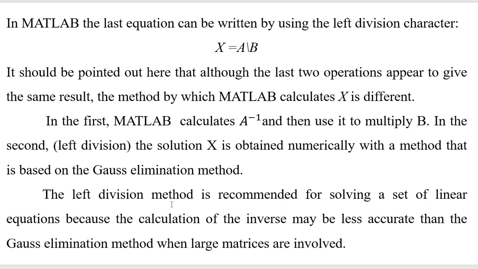The left division method is recommended for solving a set of linear equations because the calculation of the inverse may be less accurate than the Gauss elimination method when large matrices are involved.